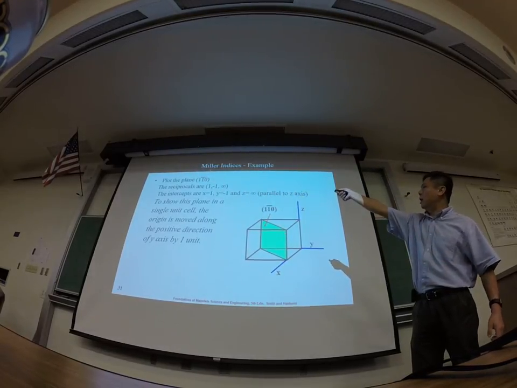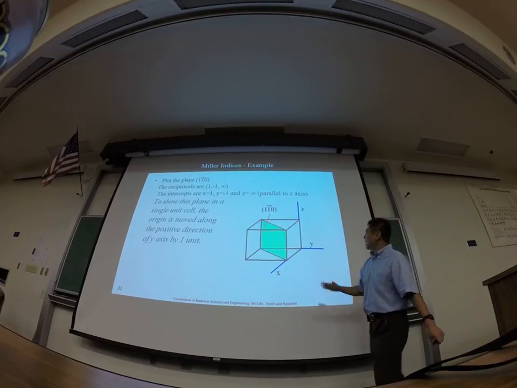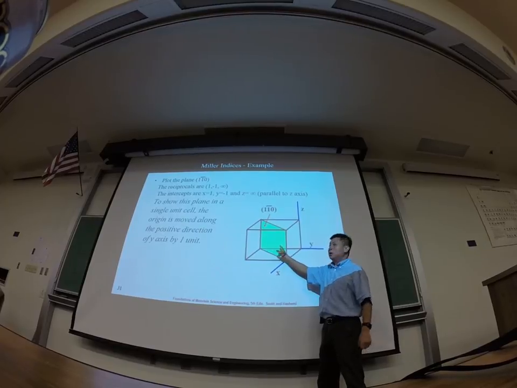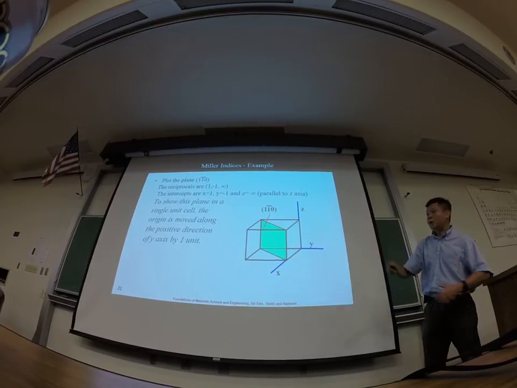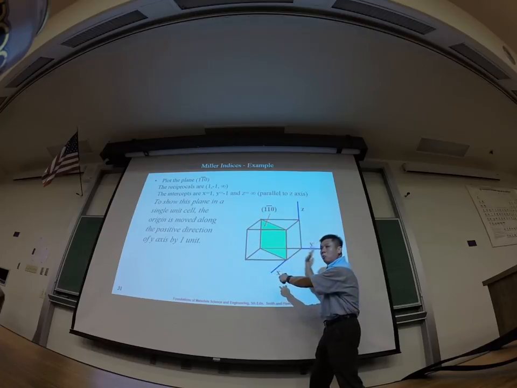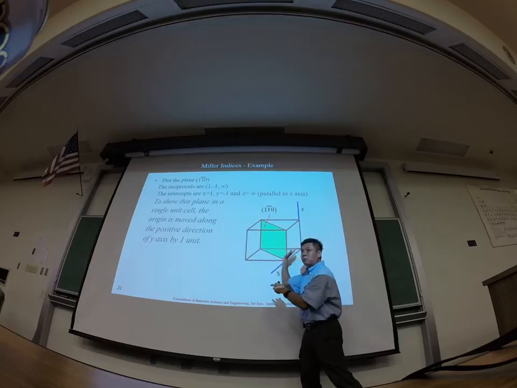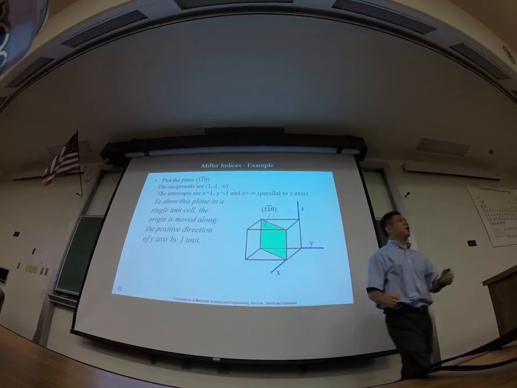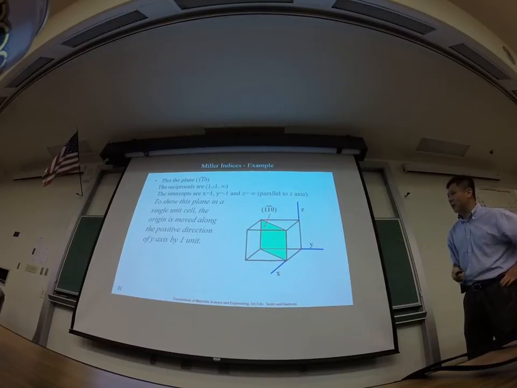The reciprocal of 0 is infinity, which means there's no intercept. This indicates the plane corresponding to (1 1bar 0). But we shift the basic unit cell, move the unit cell to the left side of the plane, right? By that means we will get this kind of Miller indices.